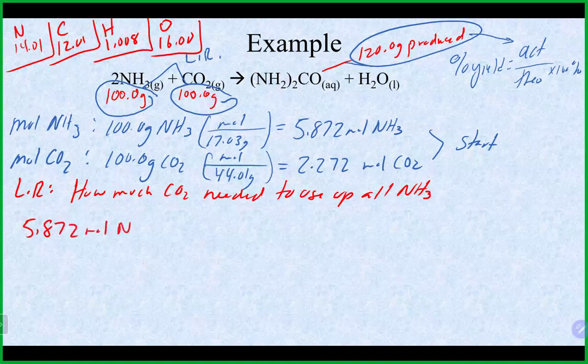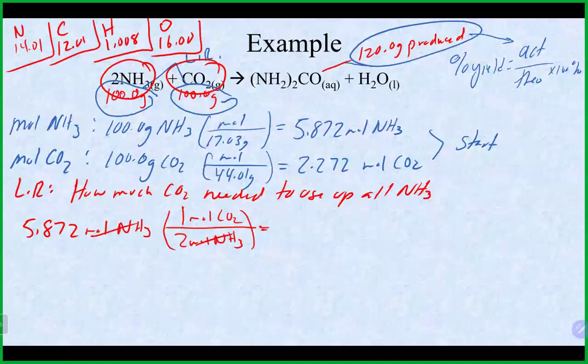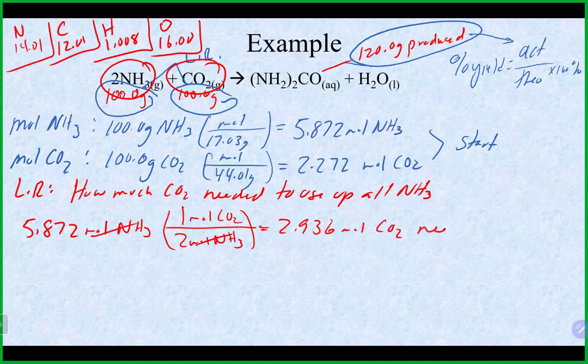I'm going to go to the equation and look at the relationship between NH3 and CO2. And from the equation, it's a 2-to-1 relationship, which means 2 moles of NH3 on the bottom, 1 mole of CO2 up on top. And again, that's just the coefficients. And that's going to give me 5.872 divided by 2, 2.936 moles of CO2 is needed.